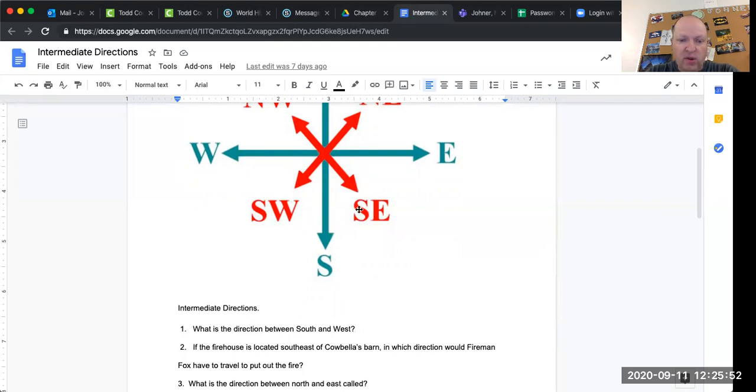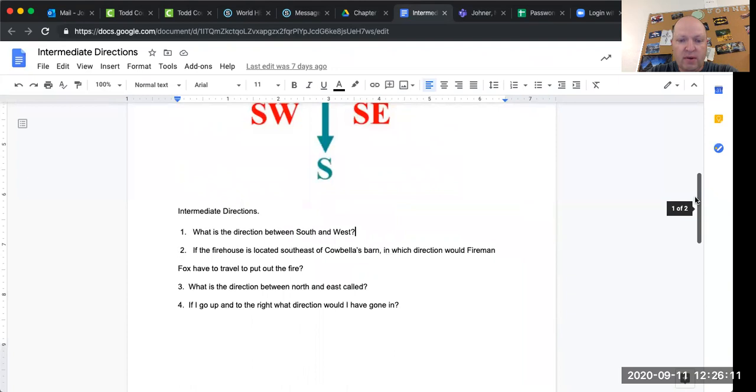If the firehouse is located southeast, that means here's a firehouse. So which direction would we have to travel to get to Calbella's? If we look, we'd have to go northwest because the firehouse would be located southeast of it. Okay, some of these you're gonna have to kind of pretend and use your imagination and figure it out.